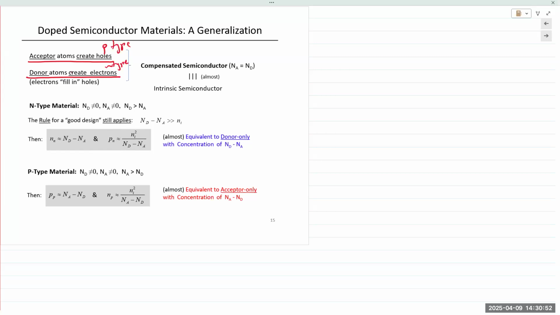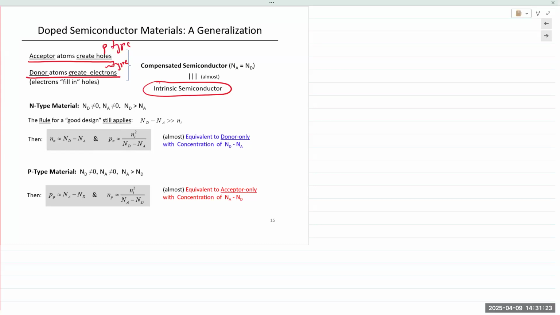Sometimes, for a special use case, a semiconductor material will have an equal number of donor and acceptor atoms. And so what that does is it creates an almost equal number of electrons and holes. Okay, so it behaves like an intrinsic semiconductor.